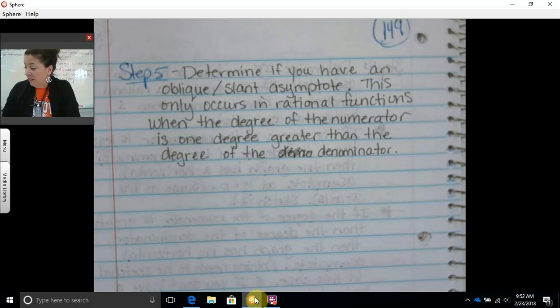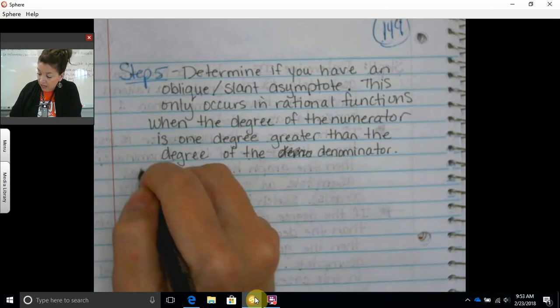Alright, determine if you have an oblique or slant asymptote. This only occurs in rational functions when the degree of the numerator is just 1 degree greater than the denominator. Then you have an oblique, or you could call it slant, asymptote.